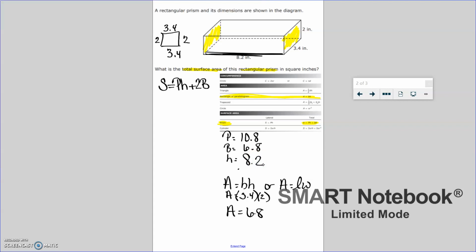Now I can substitute my numbers in. So I have surface area is equal to 10.8 times 8.2 plus 2 times 6.8. So I'm going to put that in my calculator.